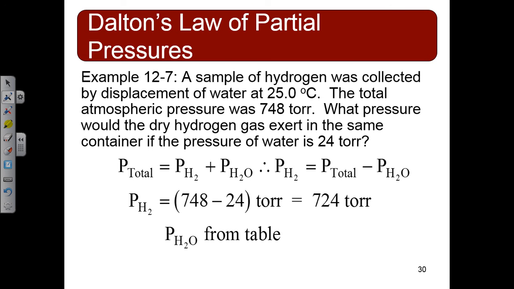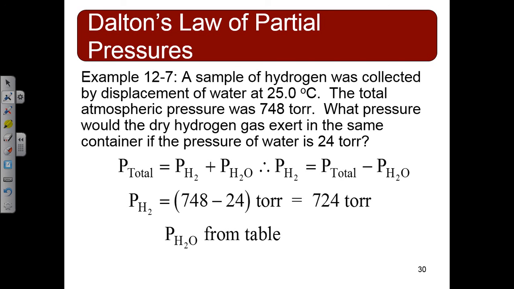For the pressure of the water, all you had to do was take the temperature of the water and then go to the graph and see what the pressure of it would be at that temperature. So you went to the computer or to a table and found the pressure of the water. Then by subtracting, you found what's left over.